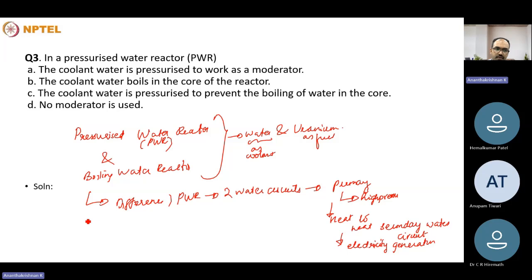In the case of boiling water reactor, only a single circuit will be there. Safety is a concern for both.